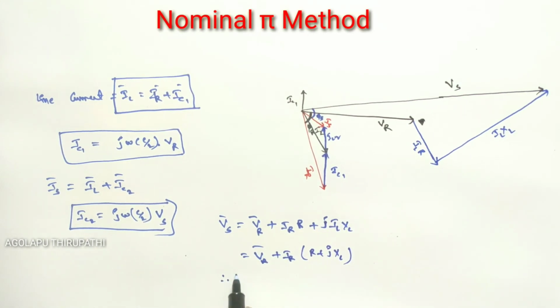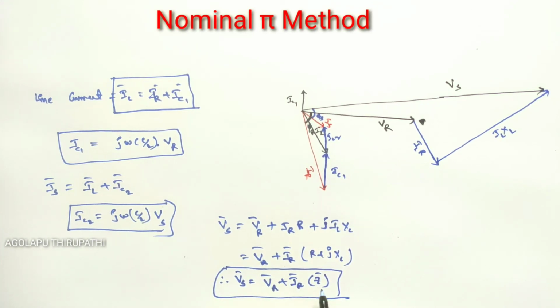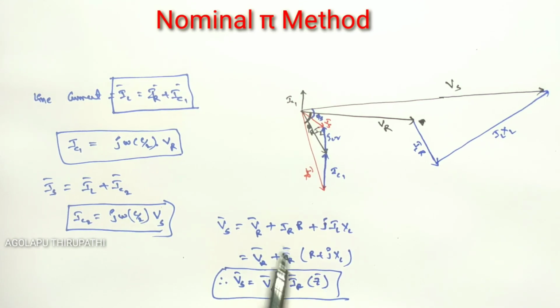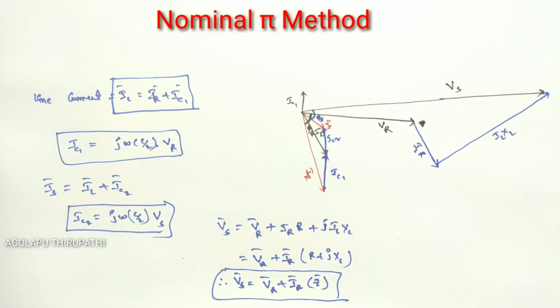So Vs bar is equal to VR bar plus IR bar into (R plus j XL), which is the impedance value Z bar. So Vs bar is equal to VR bar plus IR bar into Z bar. This is the equation for the sending end voltage. By using these equations we can derive the regulation and efficiency of this particular transmission line.